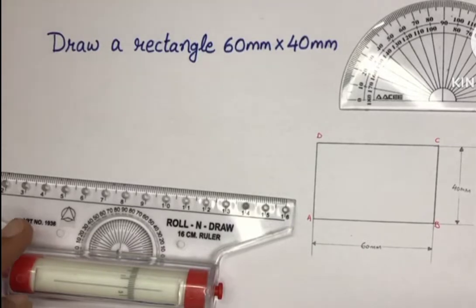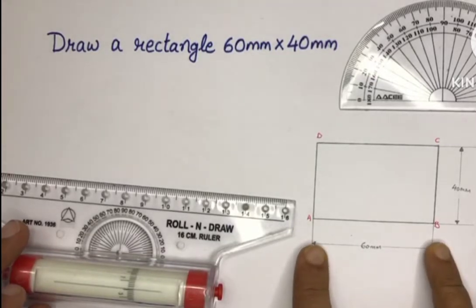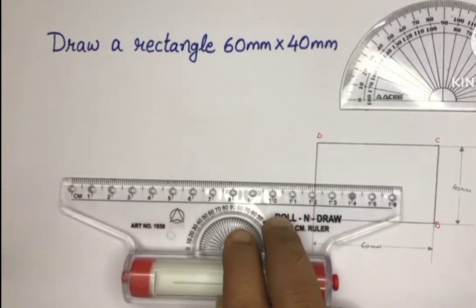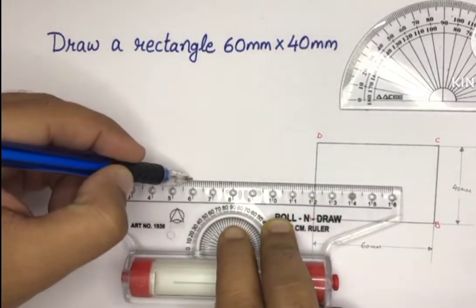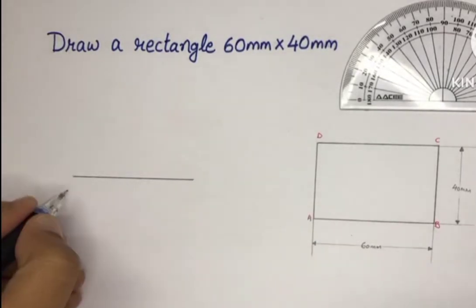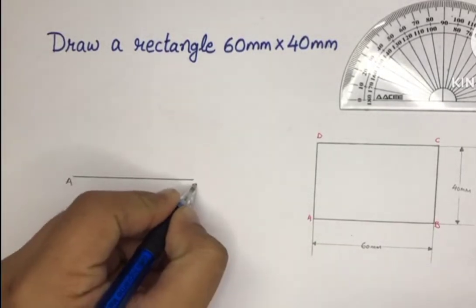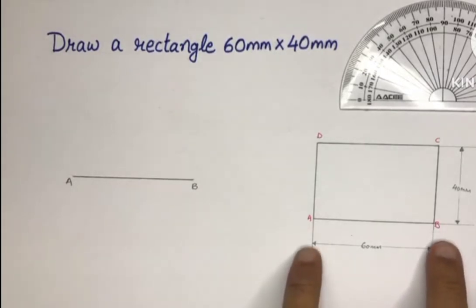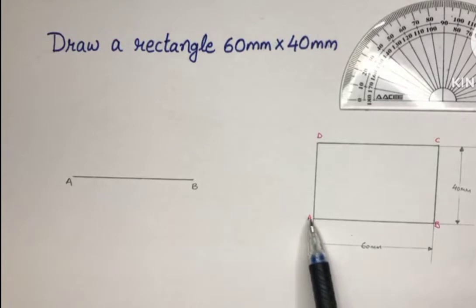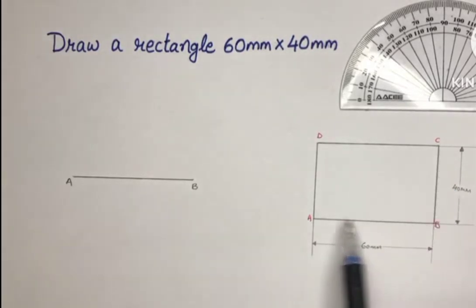So we will start by drawing a straight line AB 60 mm. Side AB 60 mm. Then we know that these two sides are perpendicular to each other.